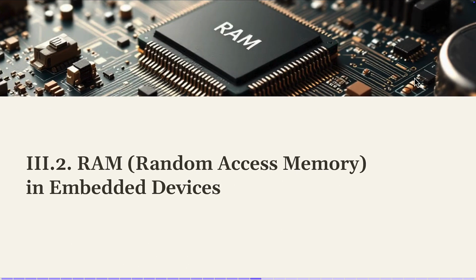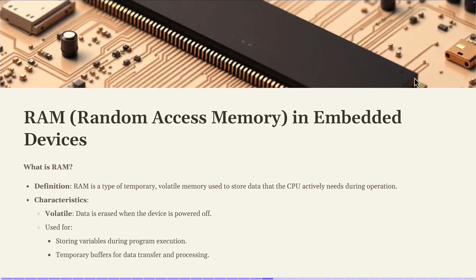So the second component is the RAM. So what is the RAM? What is the purpose of the RAM? To store temporary information. Why is it temporary? What is the main characteristic of RAM? RAM in the computer. To store temporary information, that's correct.